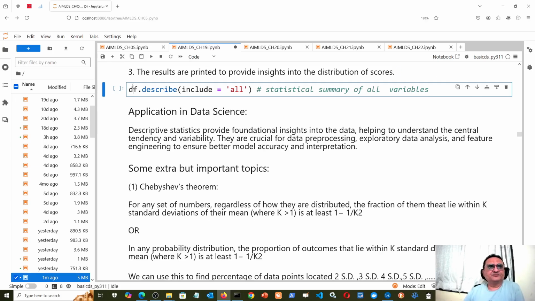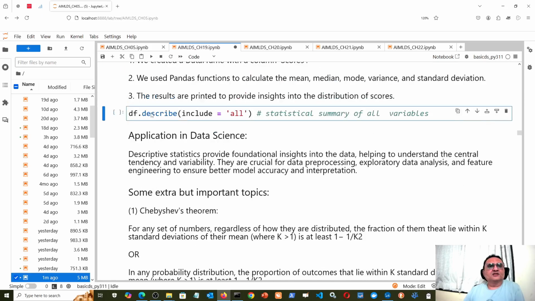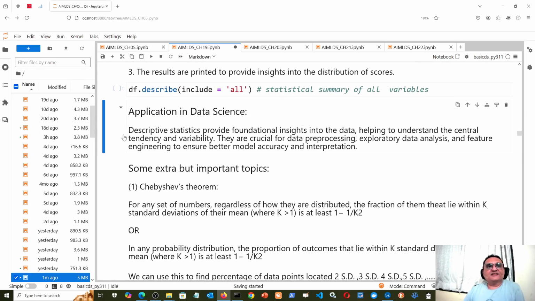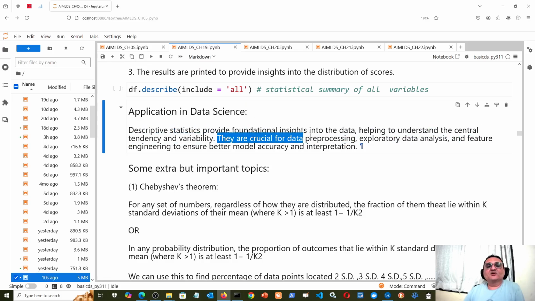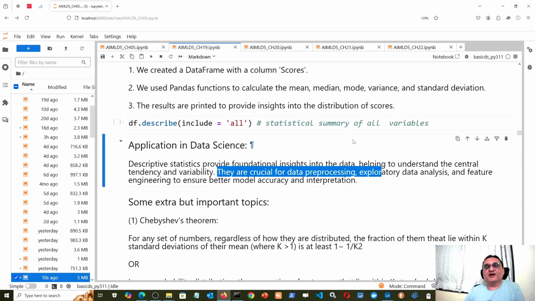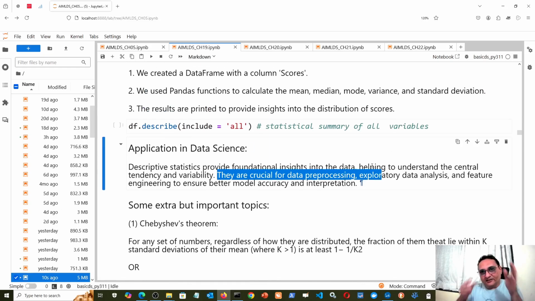Now, if I read this sentence now, then it becomes clear that descriptive statistics provides foundational insights into the data. It gives so much information, helping us to understand the central tendency and the variability. This is crucial for data pre-processing, because you may find that the scale of various columns or features in your data set is varying a lot. For example, three columns are there.